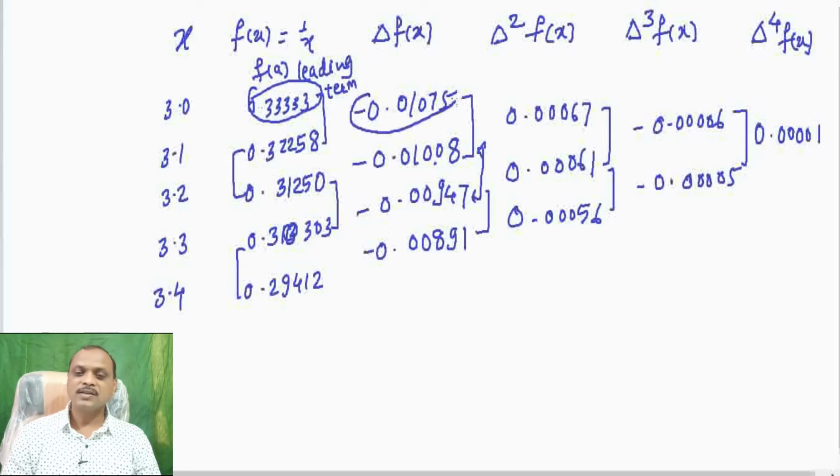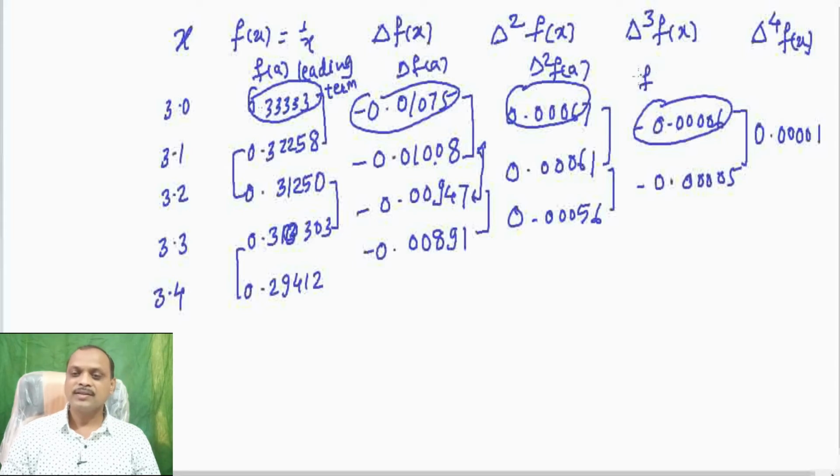And the first differences, this is delta f of a, this is delta square f of a, this is delta cube f of a, and this one is delta raised to 4 f of a.